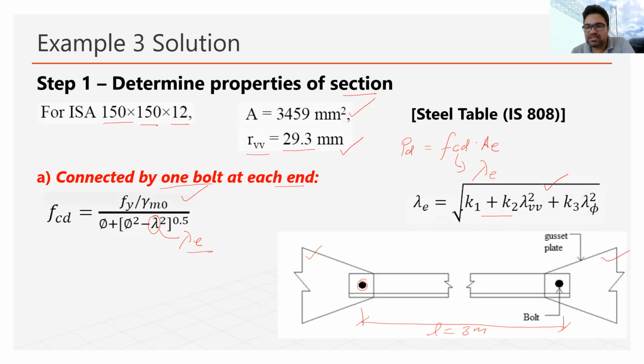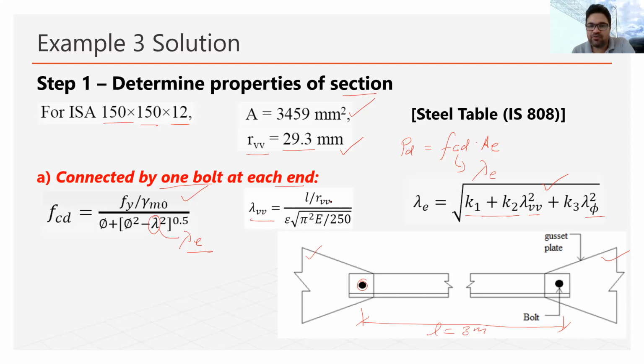To calculate the value of lambda_e, we are required to find K1, K2, K3, lambda_vv and lambda_phi. K1, K2, K3 depend on the end conditions, that is, how the angle section is connected. The lambda_vv formula is this one.